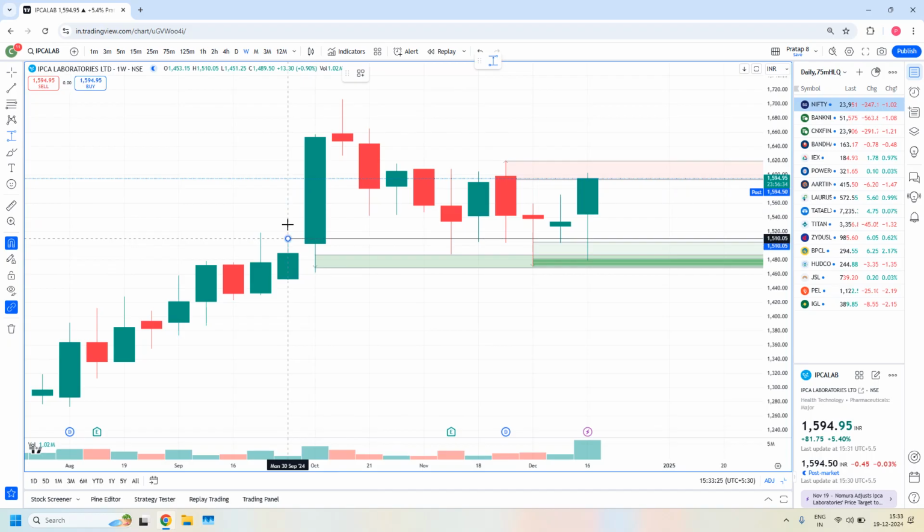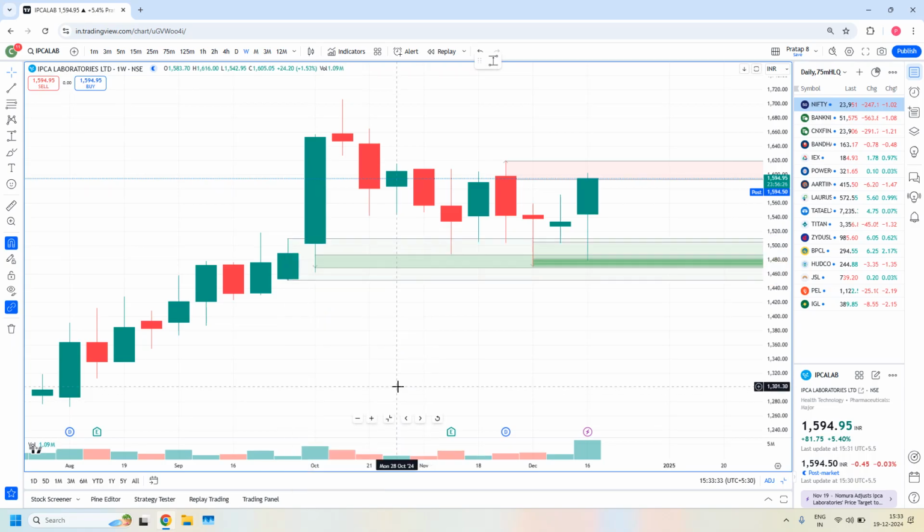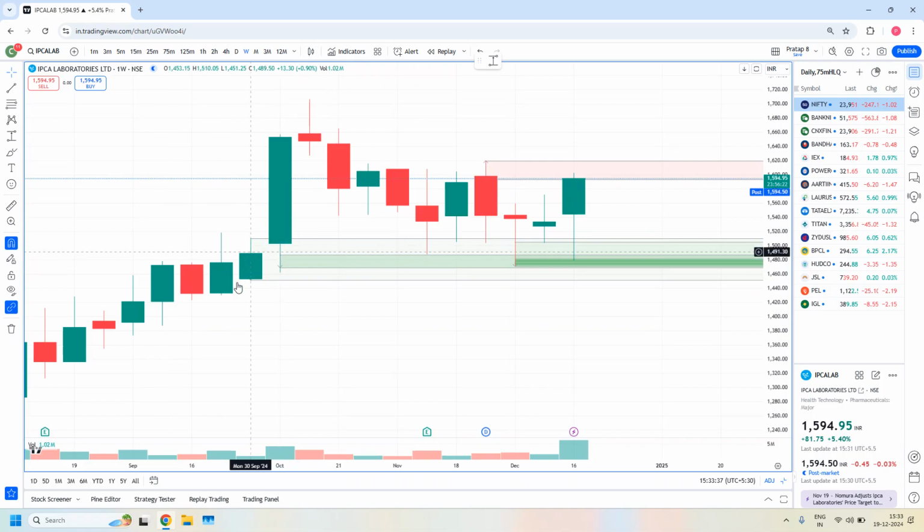Let me draw the weekly zone here. See, rally, base, rally. This is the weekly zone. Inside the weekly zone, you have this daily zone. This is the daily zone inside the weekly zone. And what else do we need to have?